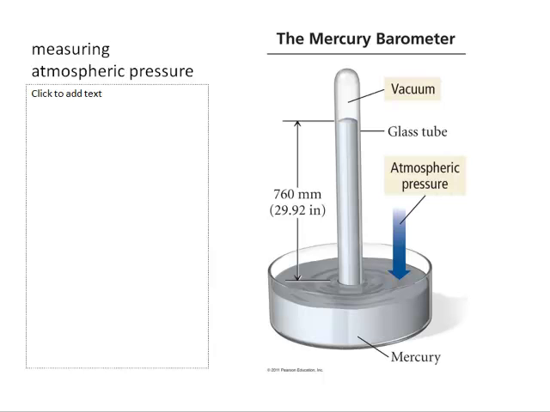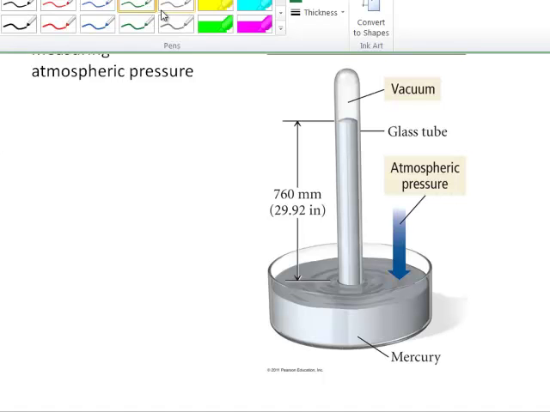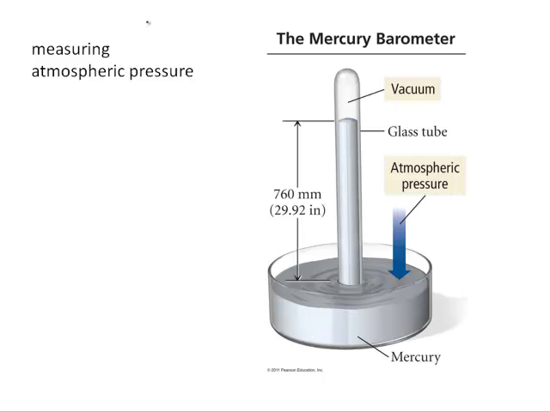So how do we measure pressure? One of the first instruments for trying to measure pressure was a mercury barometer. All around us we have, of course, the atmospheric gas molecules, nitrogen, oxygen, and so on.